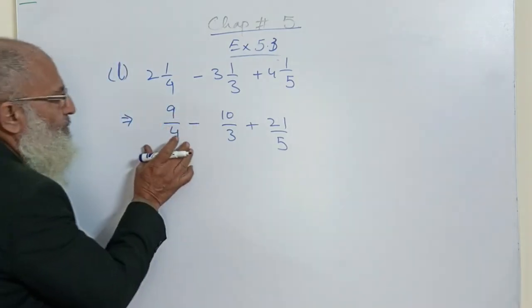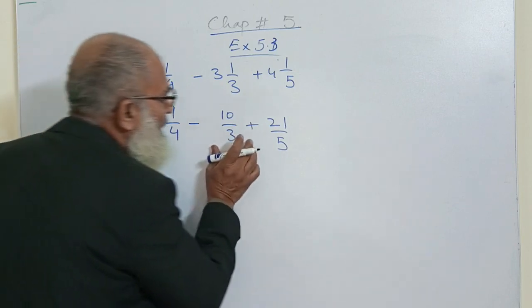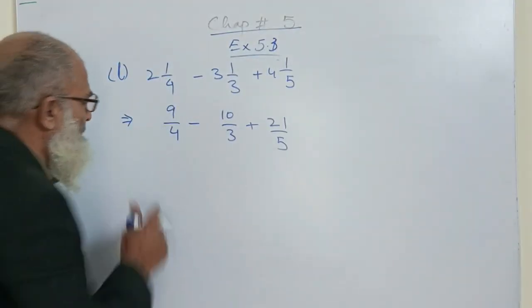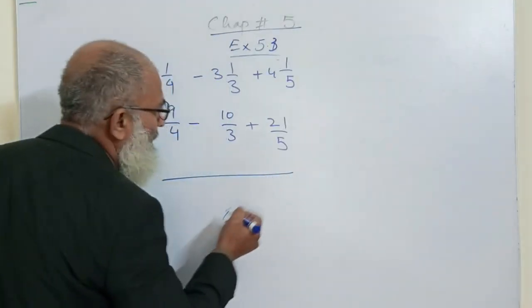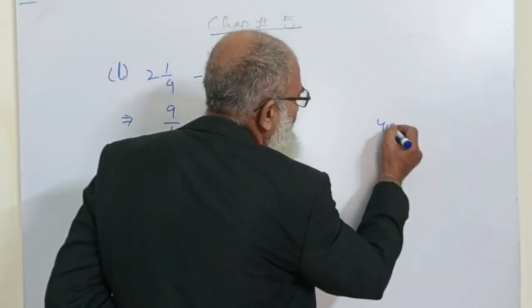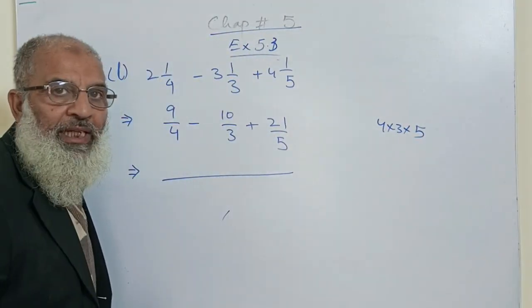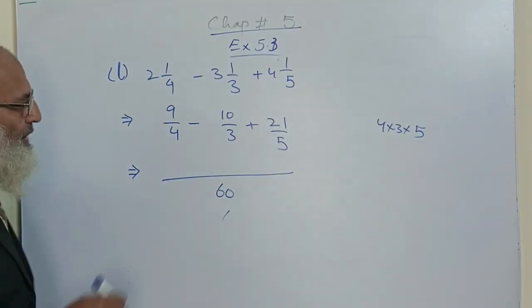You have to simply multiply all these denominators to get an LCM. So what is the LCM? The LCM is 4 times 3 times 5, 12 and 5, 60. Now the LCM is 60 over here.